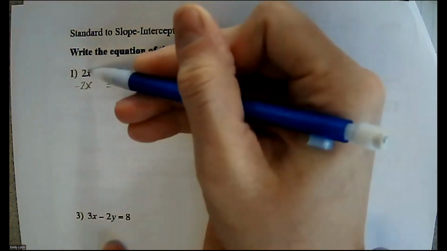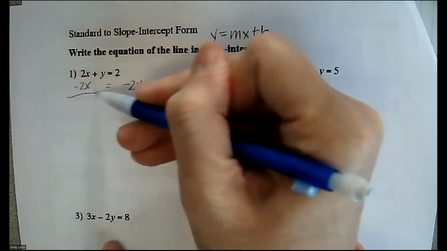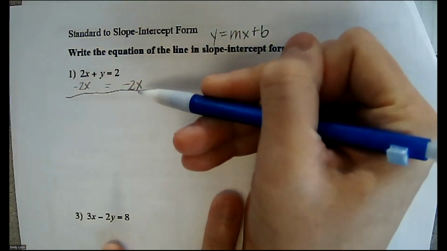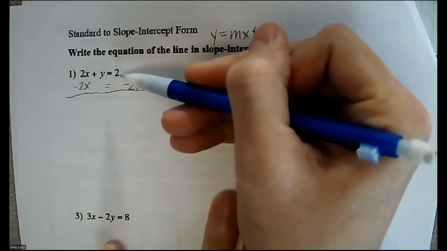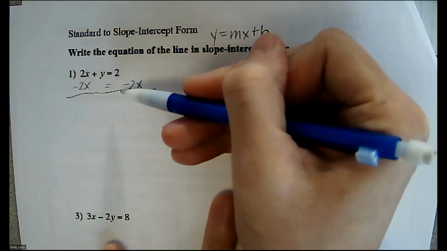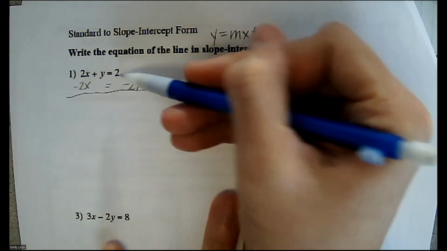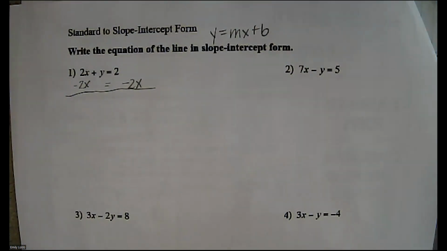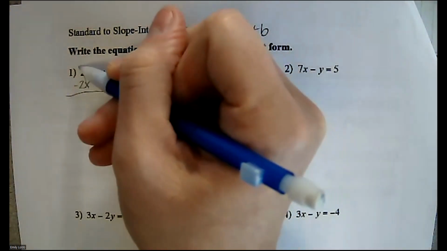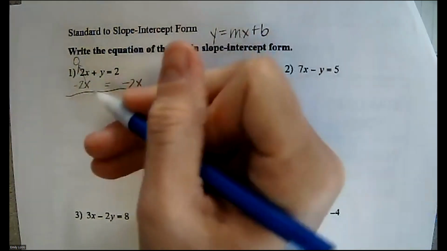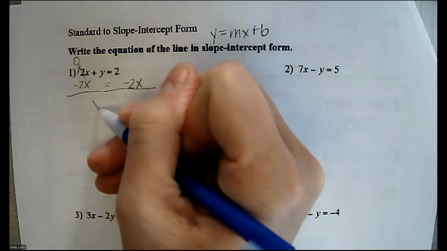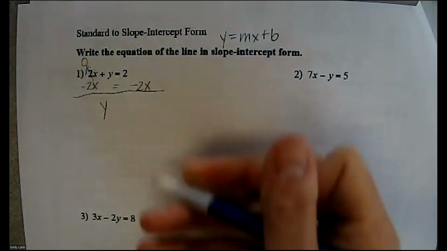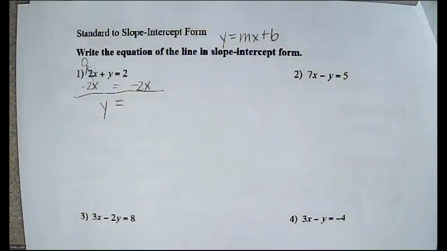Yesterday, I talked about how we wanted to line these up so that they were with their like terms. I'm not putting it right below the 2 because I'm not saying 2 minus 2. I'm saying this 2 is being combined with that negative 2x. So 2x minus 2x is 0. All that's left on the left to bring down is a y. I brought down my equal sign.